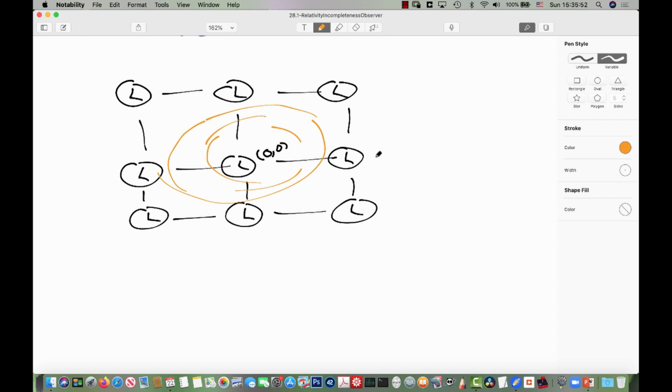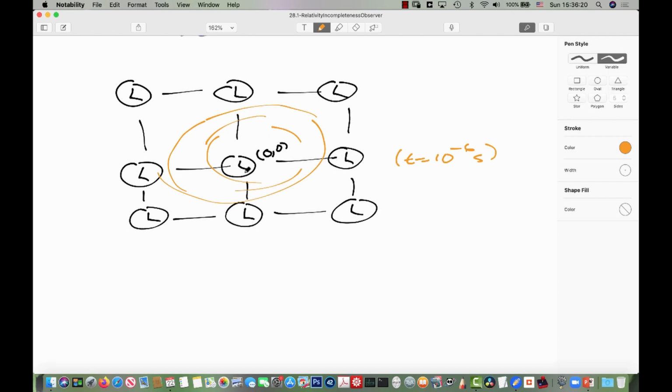Let's say this leprechaun works out that it's going to take a millionth of a second for light to travel from the master control clock to their position. So they preset the clock to a millionth of a second.